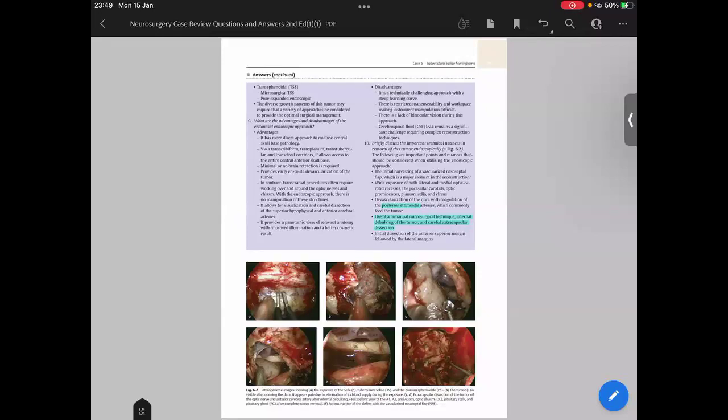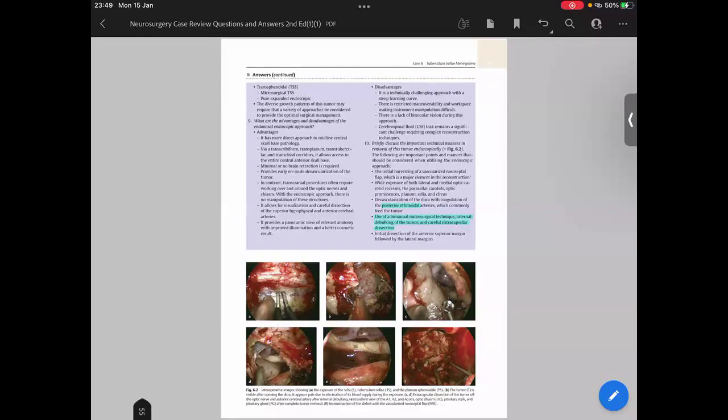We need to open the whole floor of the sella and also the posterior part of the base of the anterior cranium, so that we have adequate visualization of the neurovasculature to avoid inadvertent damage during the later steps of the procedure.